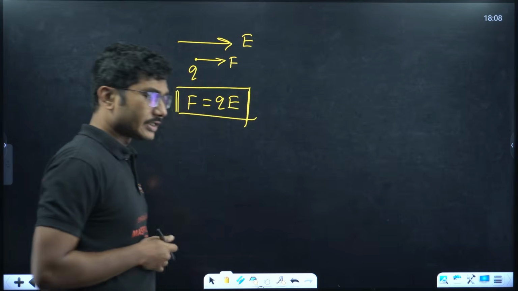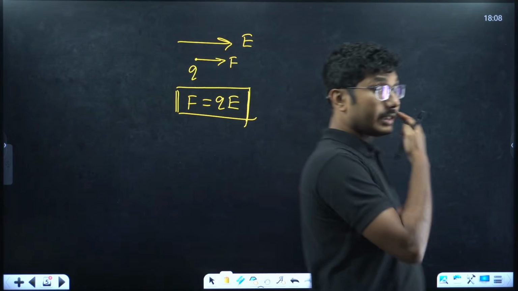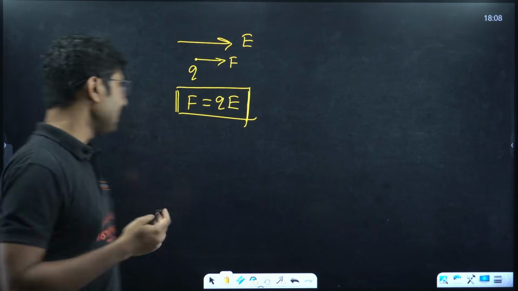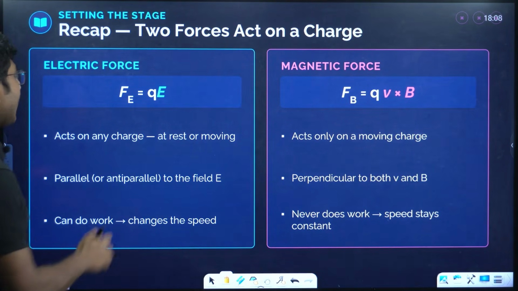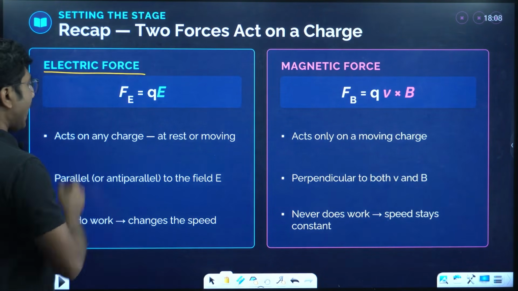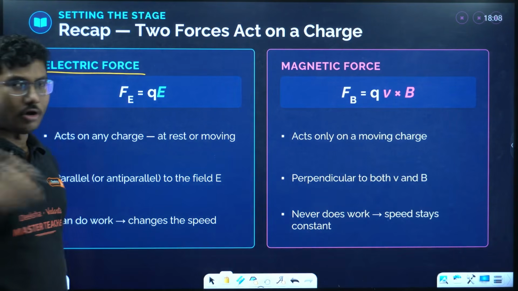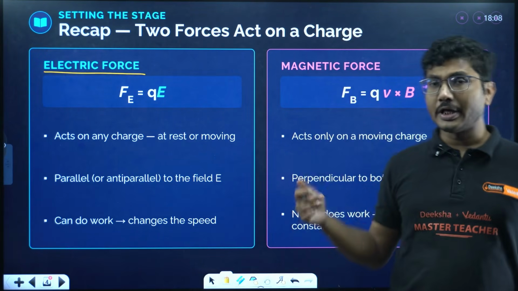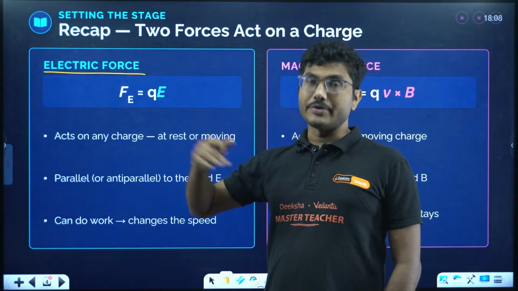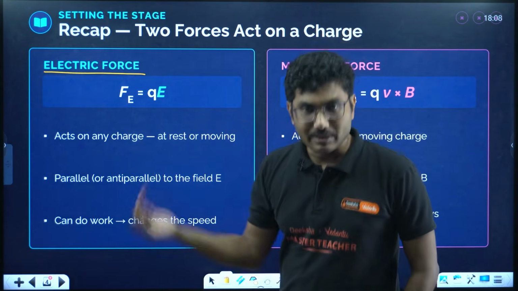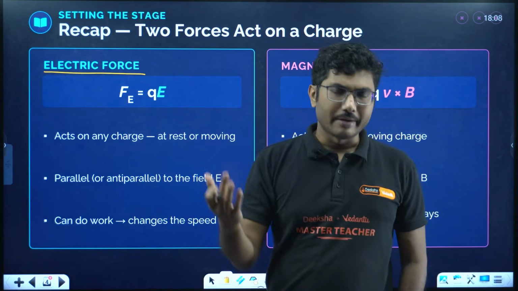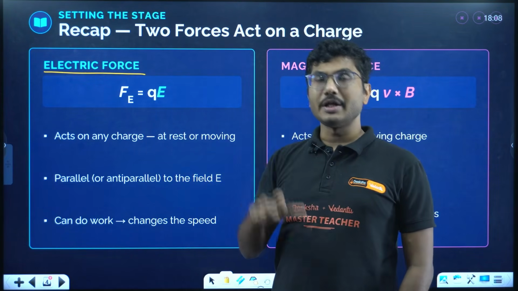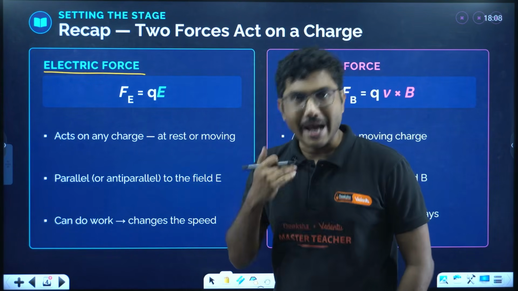So whenever there is a charge in an electric field, it will experience a force, right? That is given by Q into E. So that is the electric force. It acts on any charge, at rest or moving. Even if the charge is at rest, even if the charge is moving, the electric force will always be there. Sometimes we call it electrostatic force because it acts on the static charge, but in general, even if the charge is moving, the electric force will still act on it.